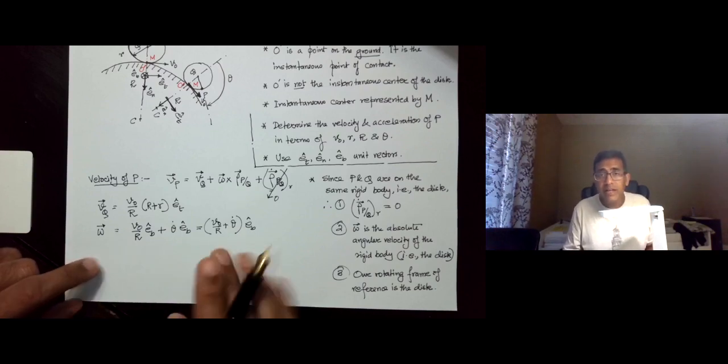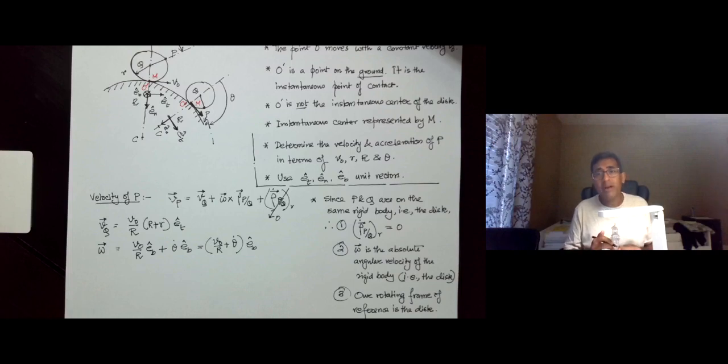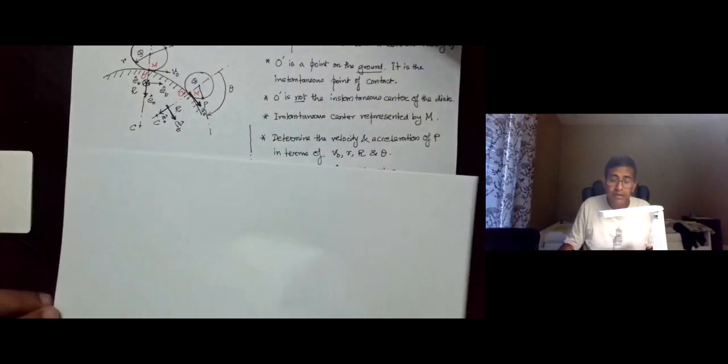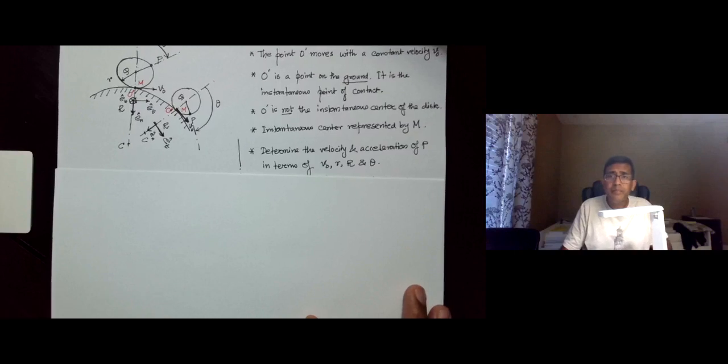Now we can find out theta dot in two ways. One is just a visual inspection, and another is by direct use of this three-term velocity equation. We will demonstrate both. If you just go by visual inspection, you can formulate theta dot in the following manner. Let me put another page here.